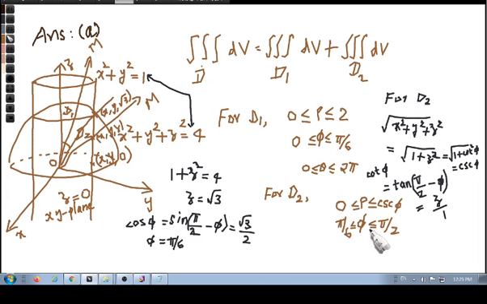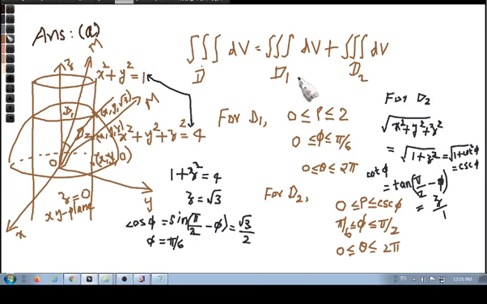And finally theta, that is the shadow region. It is completely swept out when theta varies from 0 to 2 pi. And therefore we can substitute.